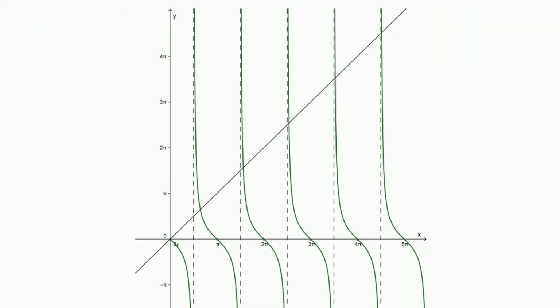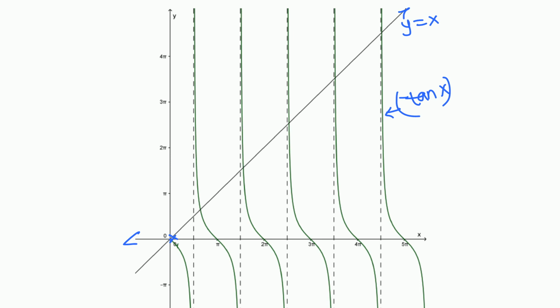This identity line is y equals x, and we get a bunch of graphs for negative tangent x. We are not worried about the negative part, because mu is positive in our case.